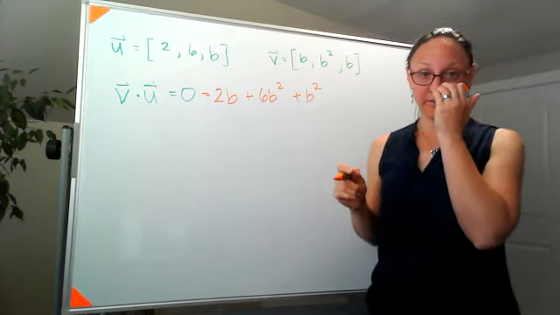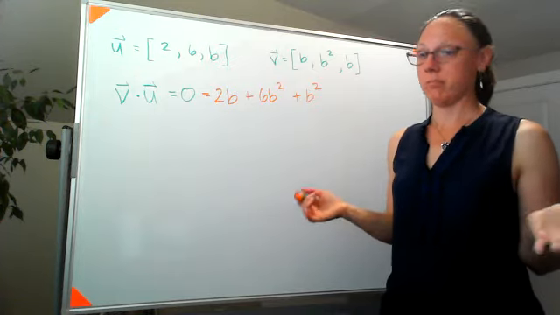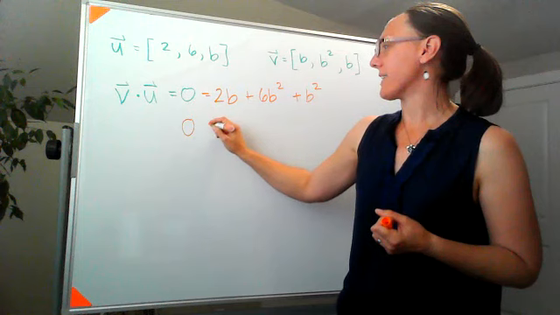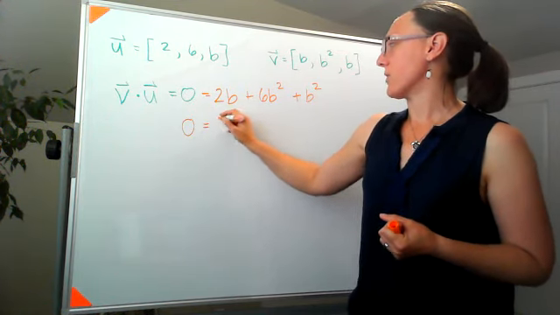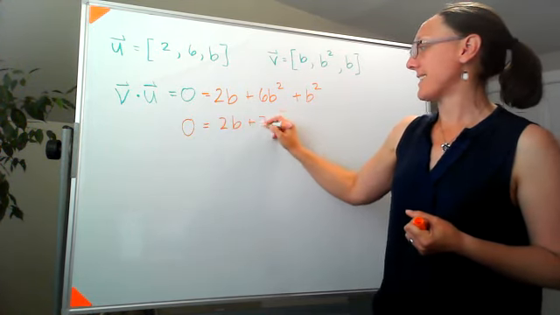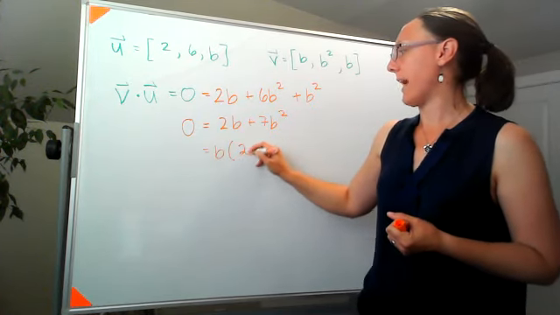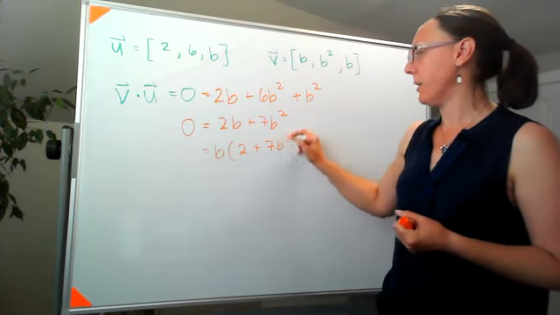Well, that's not going to leave a particularly pretty equation, but it factors. So I'm looking at 0 is equal to 2b plus 7b squared. We can factor a b out and then have 2 plus 7b.